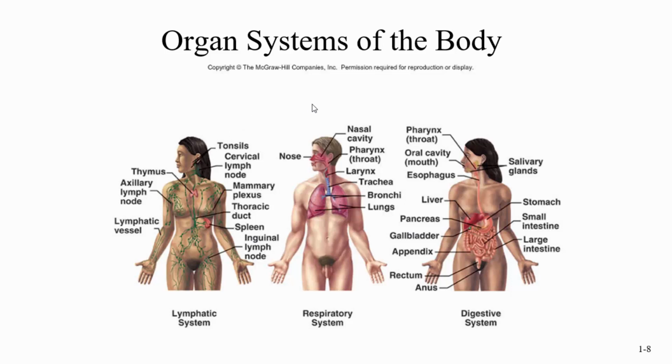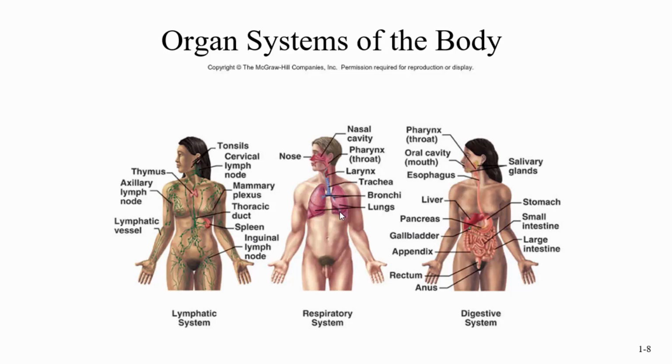And then the respiratory system, where we go from the nose all the way down to the tiny little microscopic air sacs that make up the bulk of the lungs, and all the conducting systems in between. And this is going to be primarily for gas exchange of carbon dioxide and oxygen.